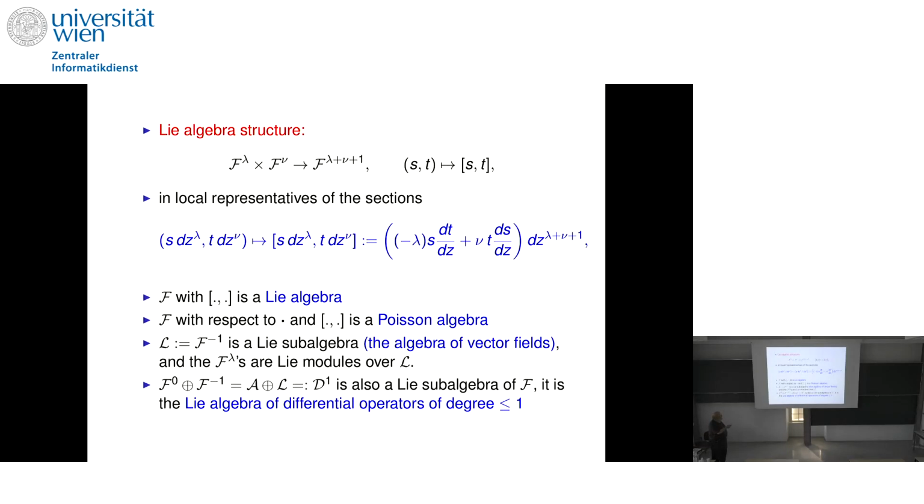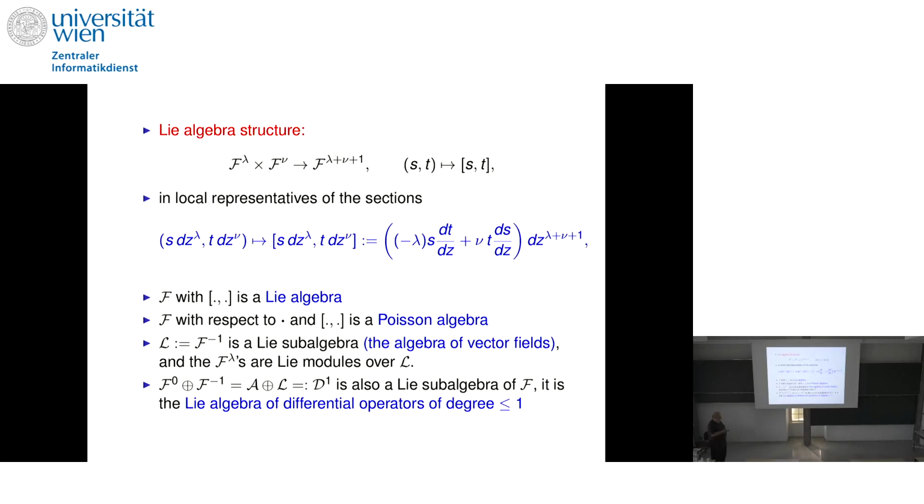And in addition, the F lambdas are Lie modules over L, okay? Because they come from the big Lie algebra. It's the Lie derivative. Yeah, maybe I should have said this.